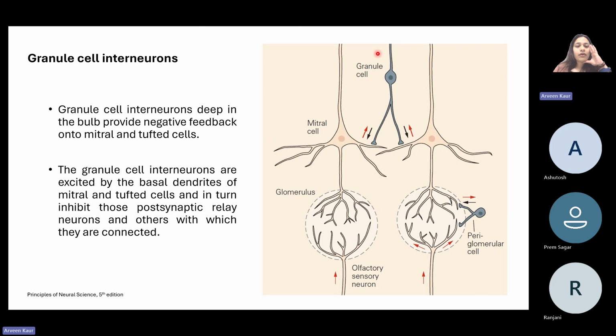Also, granule cell interneurons deep in the bulb provide negative feedback onto the mitral and tufted cells. The granule cell interneurons are excited by the basal dendrites of the mitral and tufted cells and in turn inhibit those postsynaptic relay neurons and others with which they are connected, right? So it is basically a feedback regulatory mechanism.